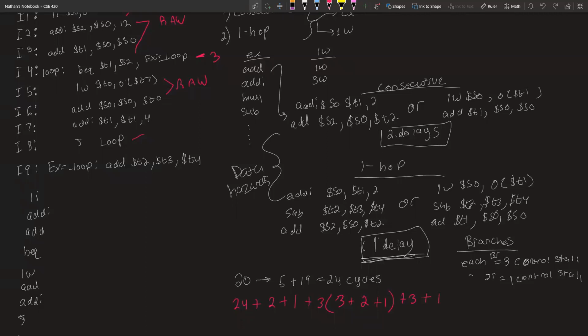Yeah, should just be from the branch equal. There was 1 control delay from the jump, which I didn't add. So then adding up 24 plus 2 plus 1 plus 3 times 2 plus 1 plus 2 plus 3 plus 1 equals 49 cycles.